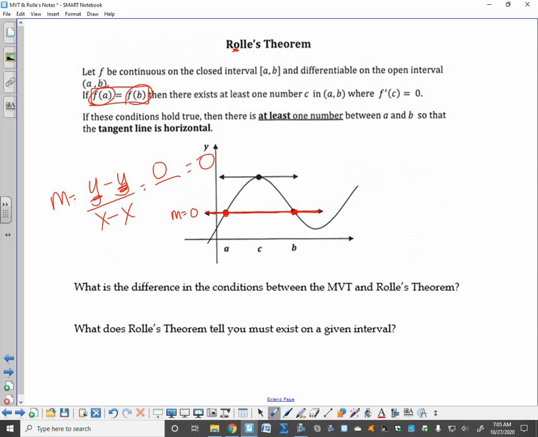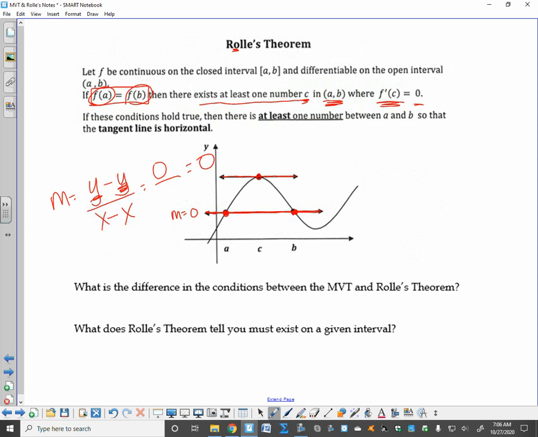Then Rolle's comes in and says, okay, now that we've established that we have a horizontal line, there exists at least one number c in this interval where the derivative equals 0. The derivative is the slope of the tangent line at any given point. So what you're saying is the slope of the tangent line is also 0. That's fine. Rolle's wants to be picky. We can be picky, but let's think about what this tells us.